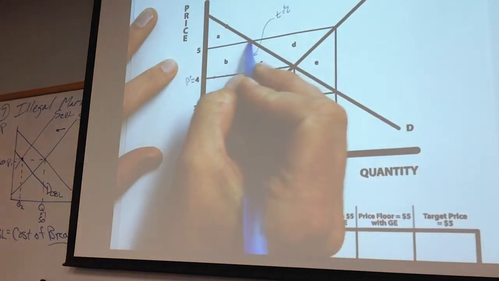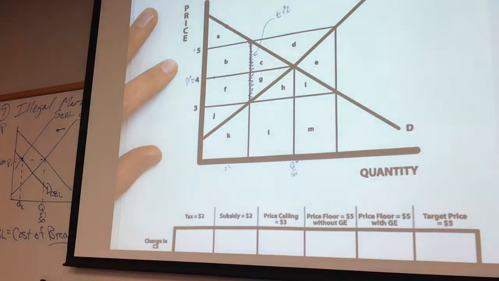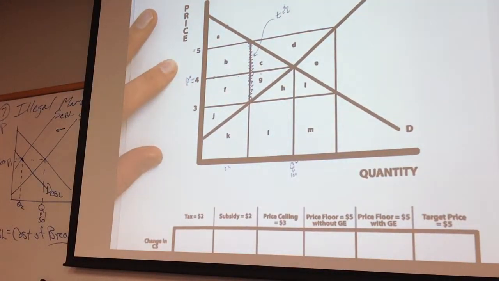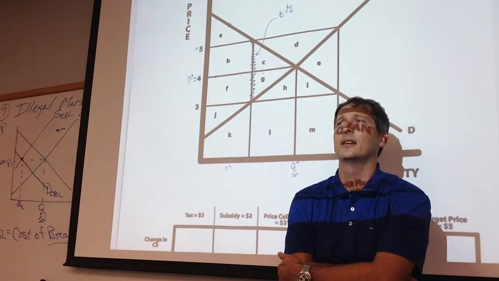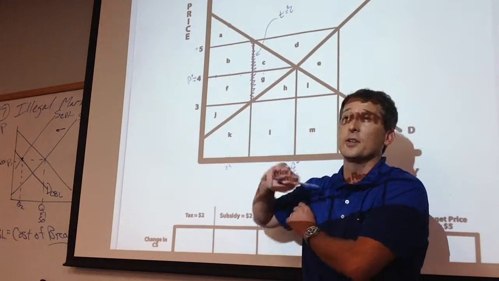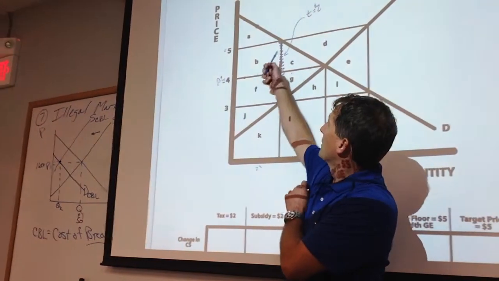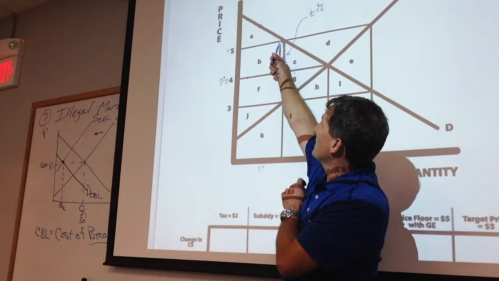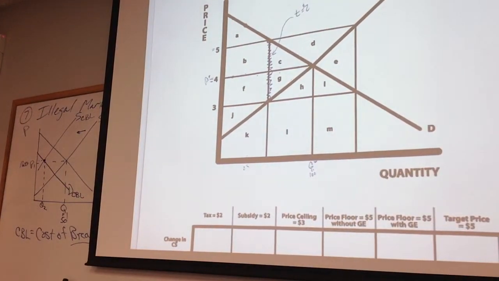The top part of the tax wedge touches the demand curve, and so what does 5 represent? $5 is the price the consumer pays after we implement the tax. That's our PC. And what's $3? The price that the producer gets. So the consumer pays 5, but the business really only gets 3 because there's $2 going to the government.